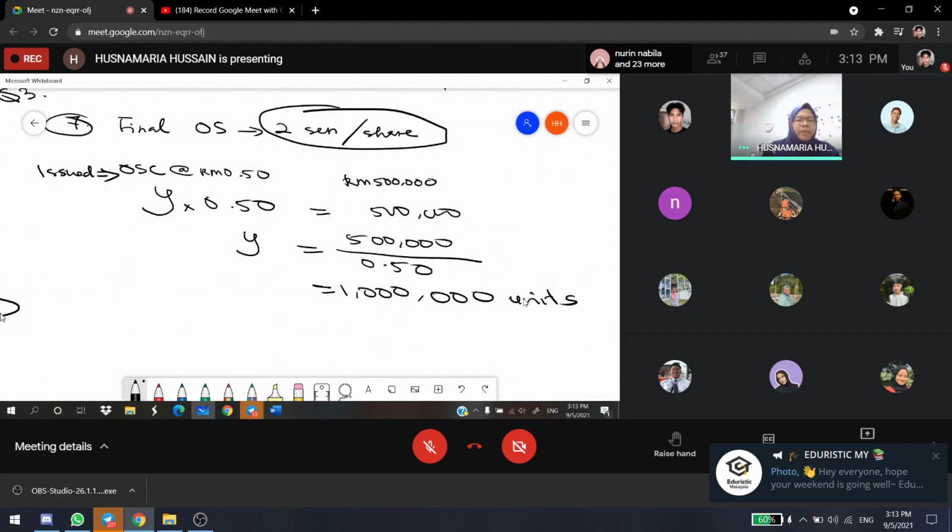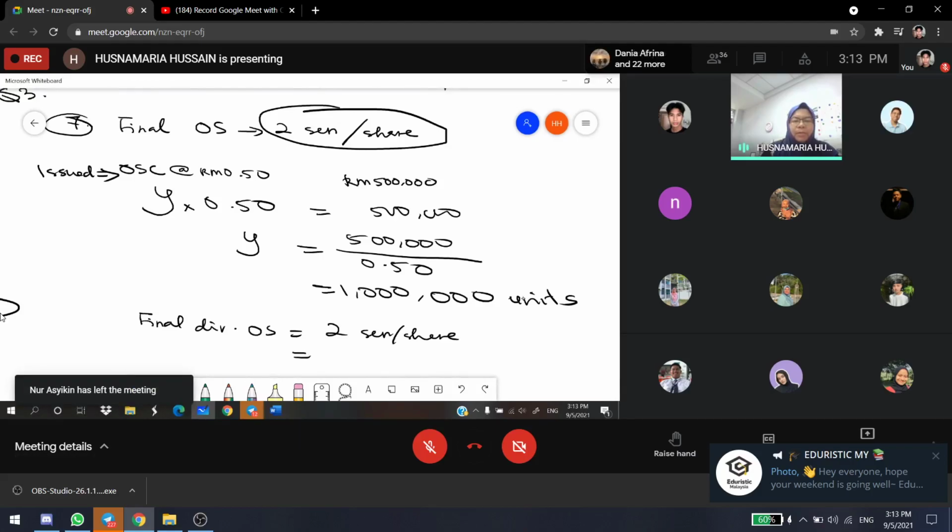Okay. Jadi, so kita cari final dividends of ordinary shares. So, dia kata 2 cent per share. 2 cent pun mesti careful, 2 cent, not 20 cent, 2 cent. What is the meaning of 2 cent? 0.02 multiply with 1 million.